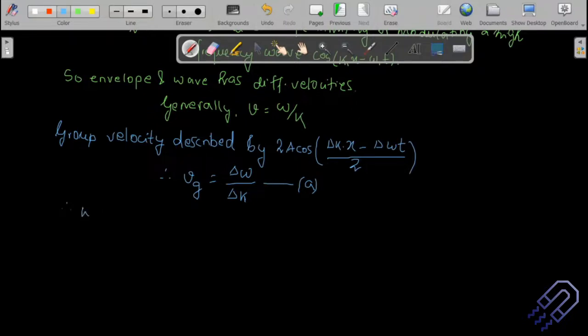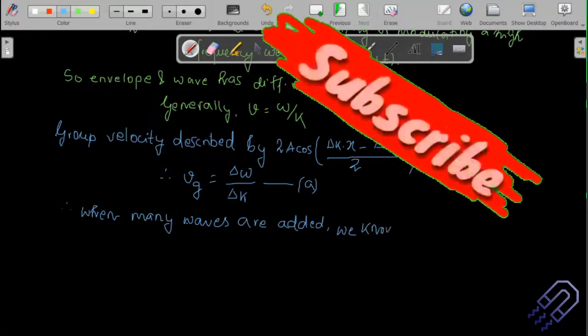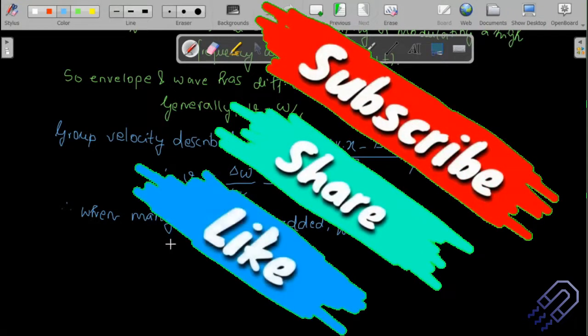Therefore, when many waves are added, we know delta k is very small, right?